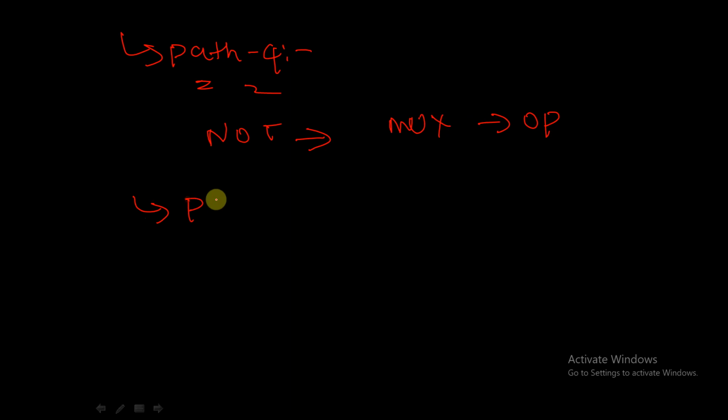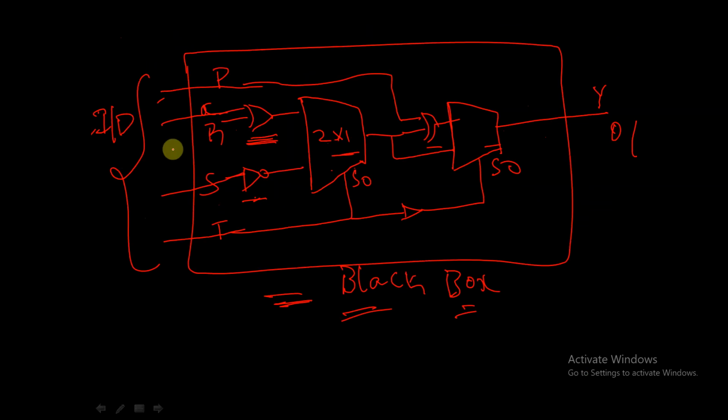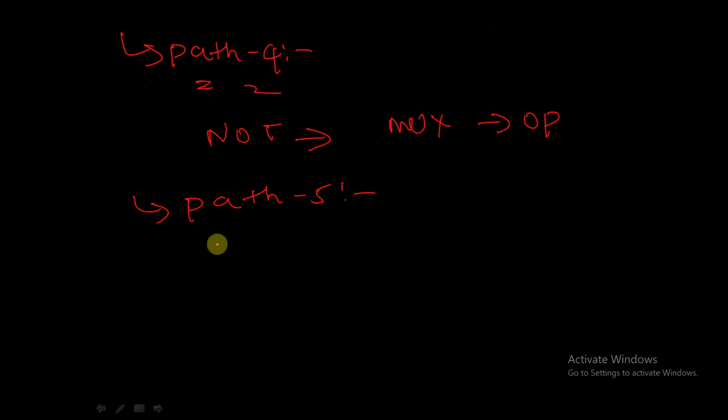And one more path, path 5, is input to buffer, buffer to mux, and output.